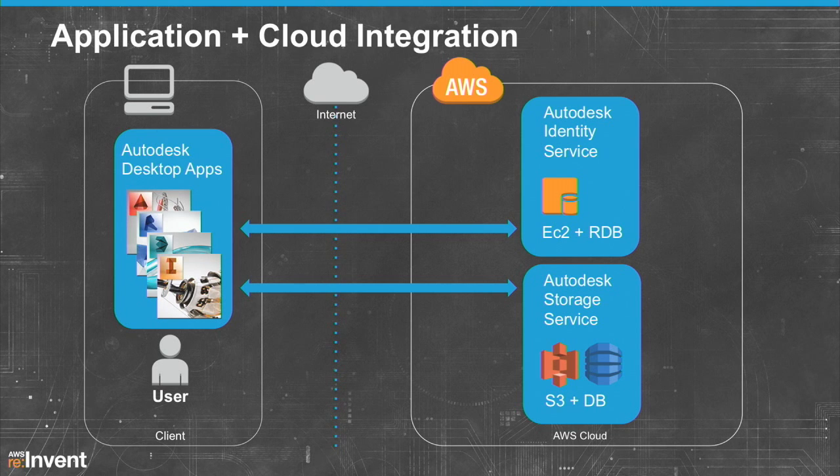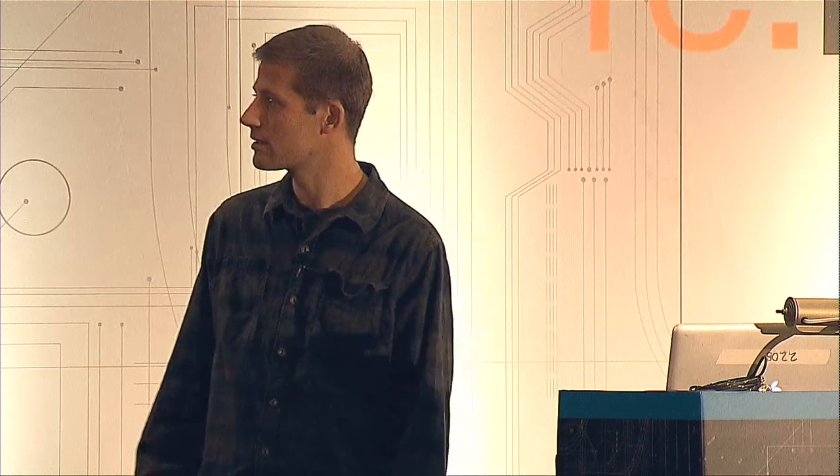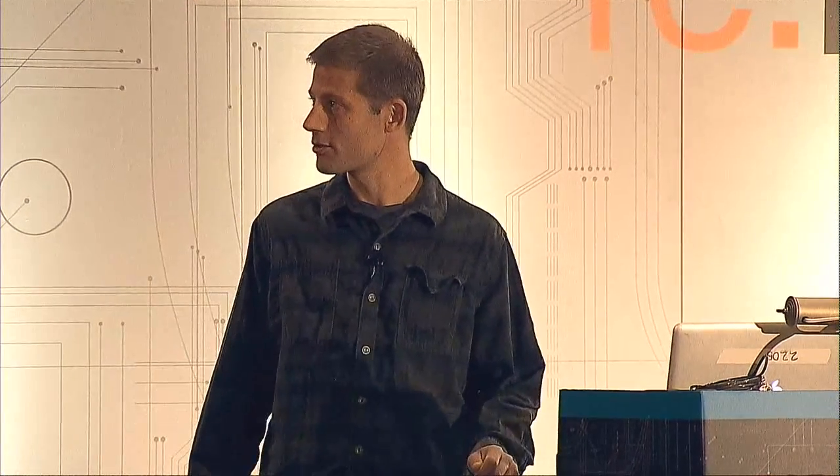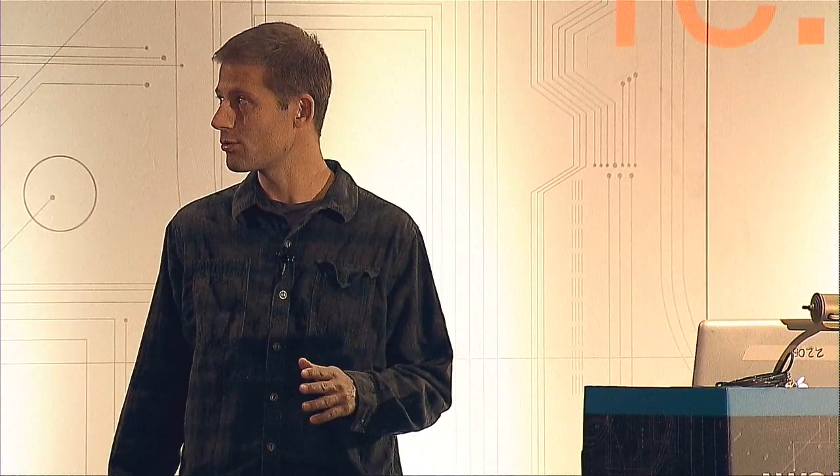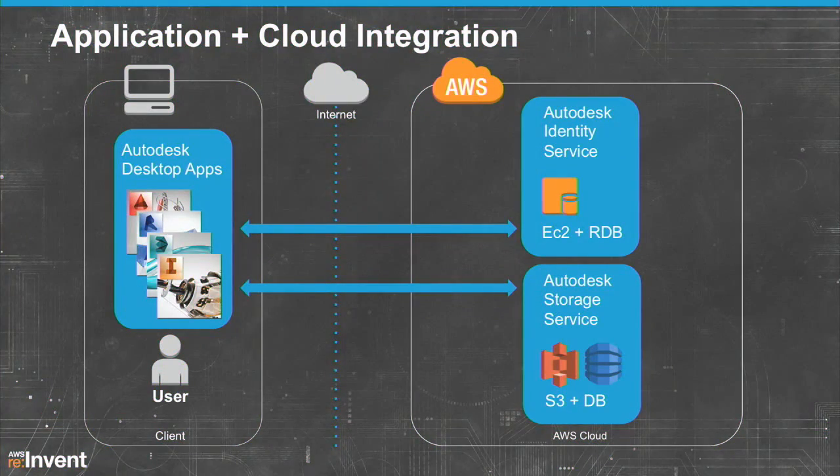You use your application player to log in through the identity service and access your data on the storage. I'm sorry. First, you used to use your desktop apps to connect to the identity service, and then you could access your storage. That was step one. That's how the A360 cloud started.